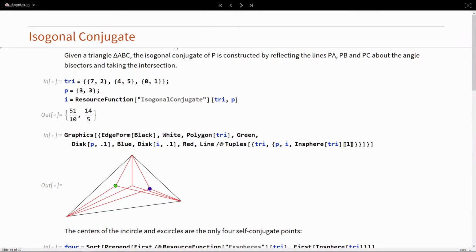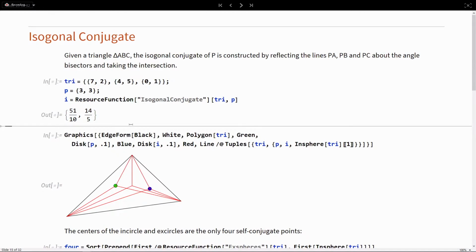We can also do what's called isogonal conjugates, which I mentioned before. If you take the angle bisectors and reflect a point, you get a new point. So for example, if we take the blue point here and reflect the lines in the angle bisectors, we get this new point here in green. And if you do the isogonal conjugate again, you get back to the blue point.